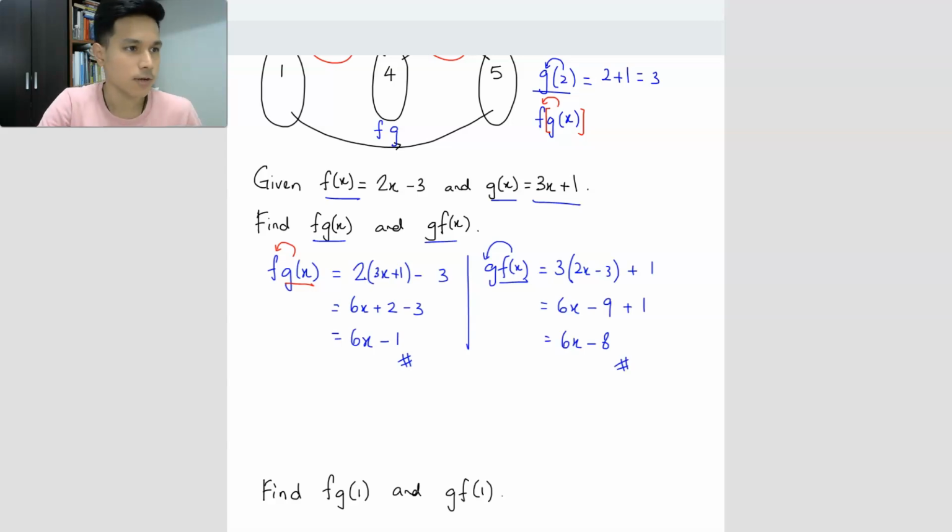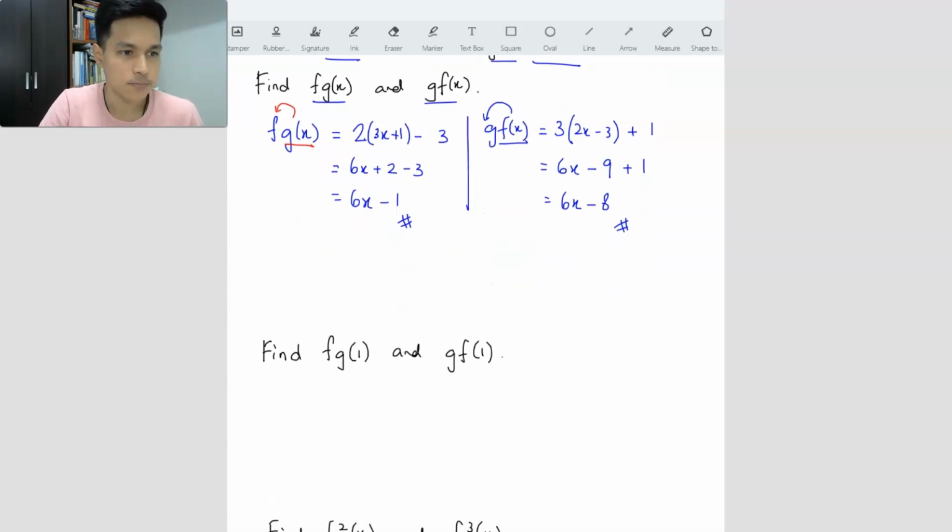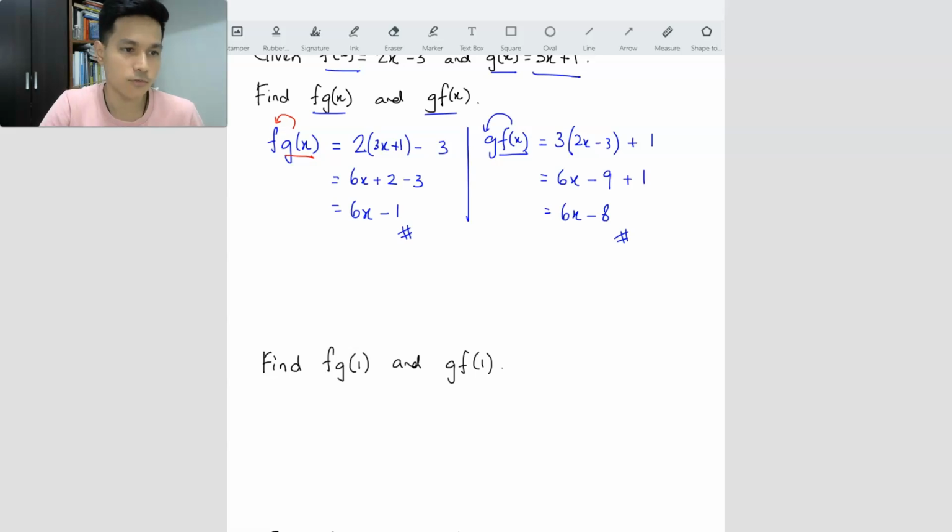Okay, now let's see the second question here. Now instead of asking you to find fg and gf, since you already found them, they give you the value of the input. Both inputs are 1, so you just have to substitute into the existing functions that you have.